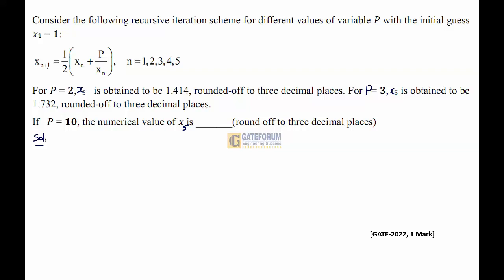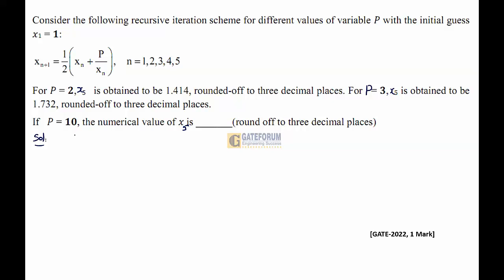To get that function or equation, usually we take xn plus 1 is equal to xn is equal to x, where that x is called the root of the equation. Whenever the series converges, xn plus 1 is equal to xn, that is, the nth and n plus 1 iterations are the same. When n tends to infinity, automatically xn plus 1 and xn are equal. They are equal means they have some value; let us take that value as x.